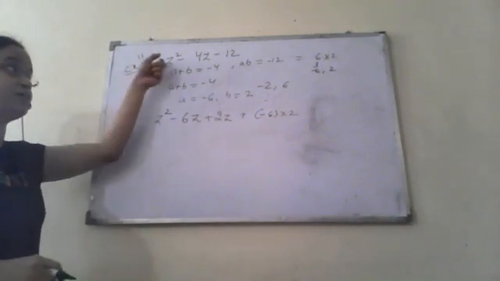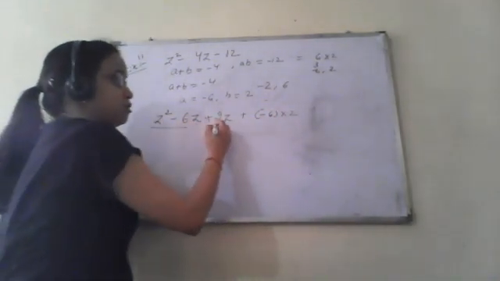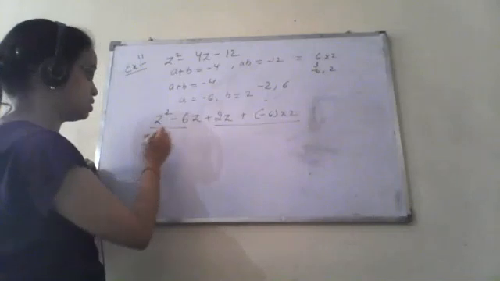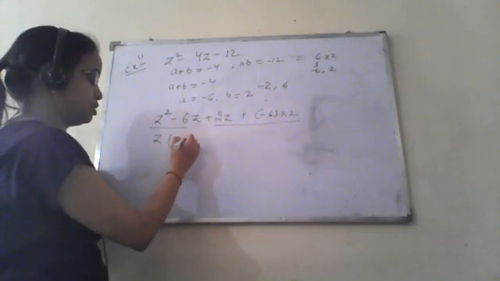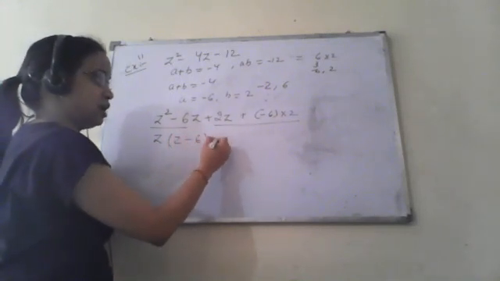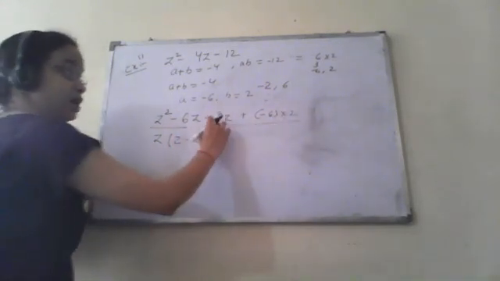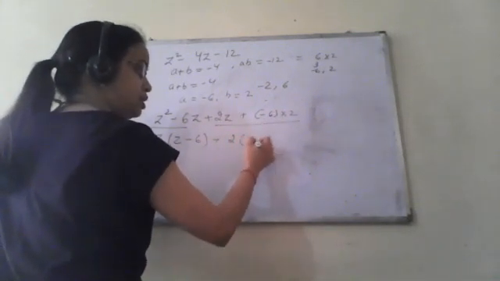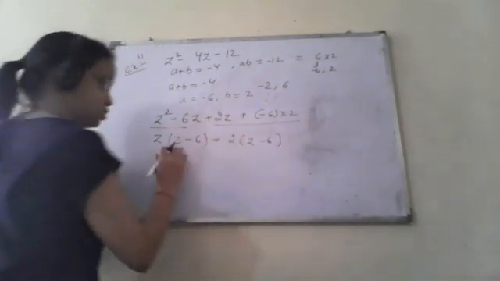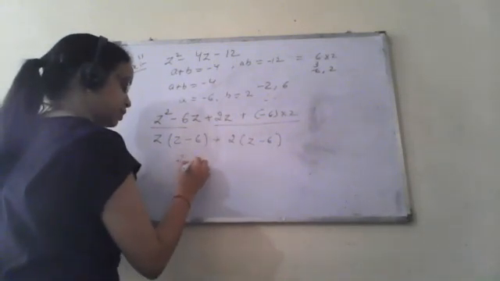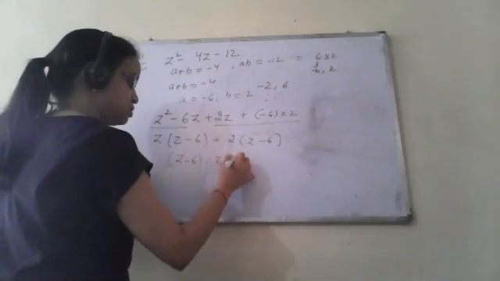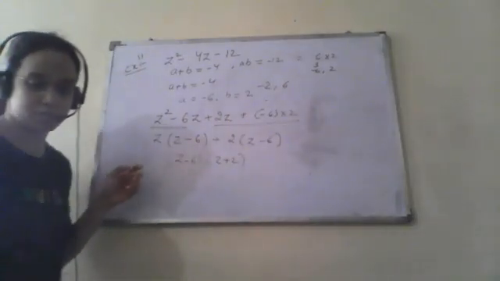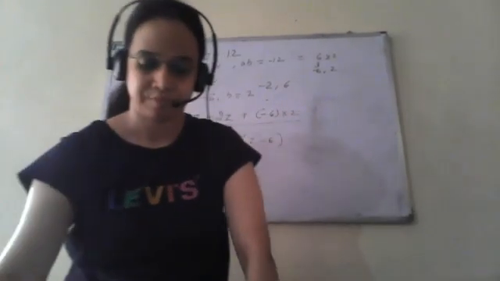So we have just modified the expression. From the first two terms, z is common, and z minus 6 is left. From the other two terms, we can take 2 common, and z minus 6 is left. So it is z minus 6 into z plus 2. This is how we split the middle term and factorize the expression.